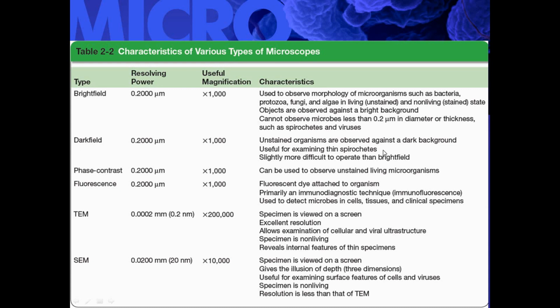Dark field is useful for examining thin spirochetes like Treponema pallidum, and it views unstained living organisms against a dark background. It is slightly more difficult to operate than bright field. Phase contrast can be used to observe unstained living microorganisms, just like dark field.